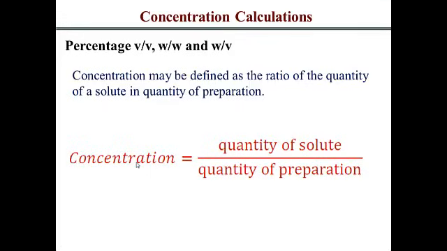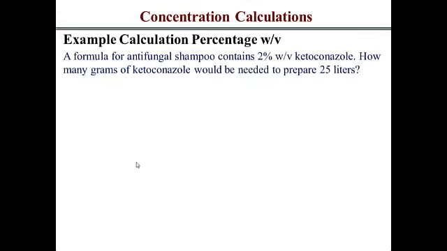So let's see how that works using an example to illustrate these key concepts. In this first example, we have a situation with a percentage weight in volume. The question tells us you have a formula of antifungal shampoo. It contains 2% weight by volume of ketoconazole.